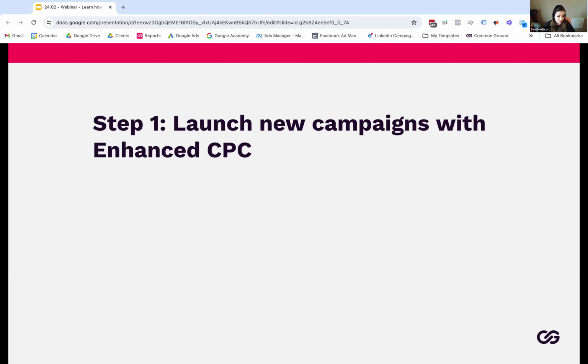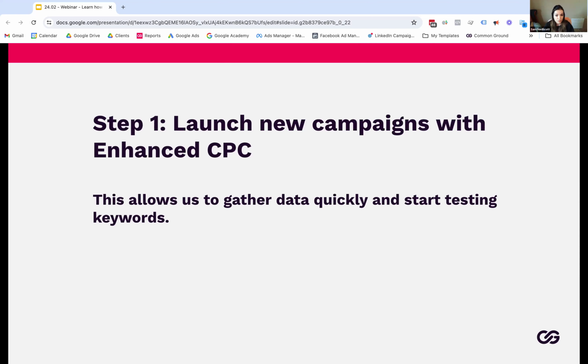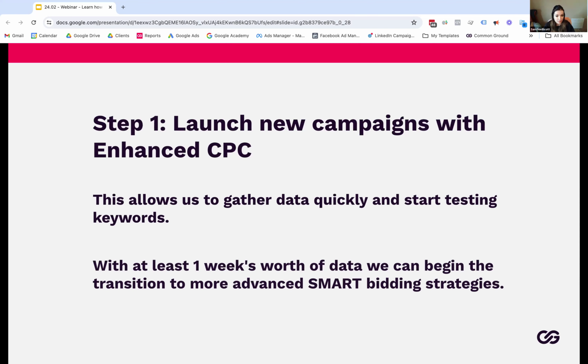So step one, launch the campaigns with enhanced CPC. With this, I wanted Google to be able to make some changes with the CPC in the early stages, but I wanted to have some control over it. This does allow us to gather data quickly and start testing keywords. And with at least 1 week's worth of data, we can begin to transition to more advanced smart bidding strategies.